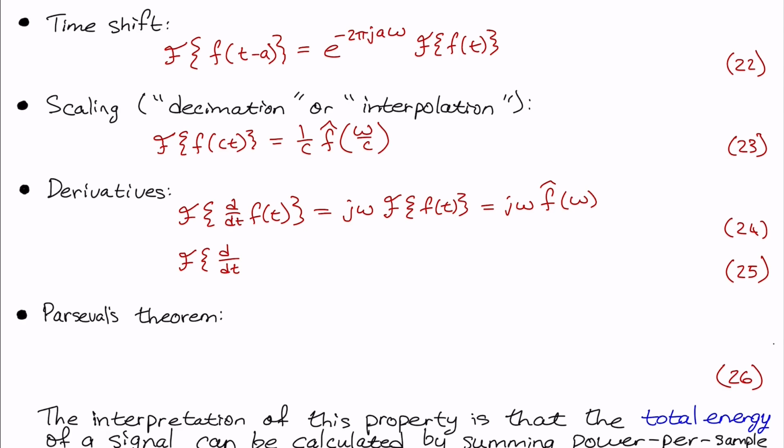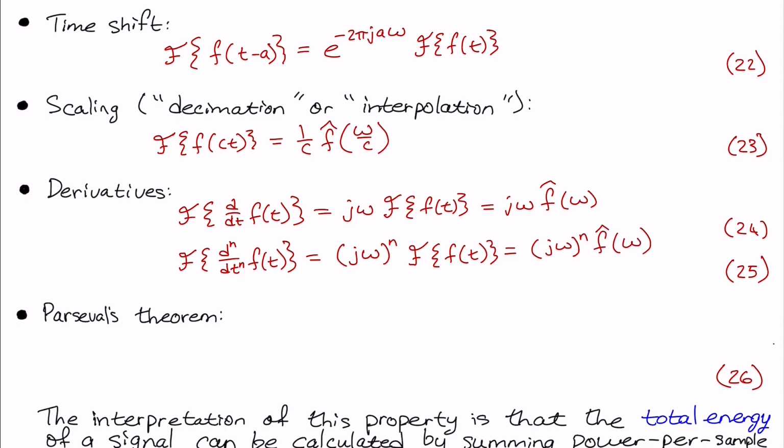So if we have the nth derivative of f of t, this is equal to the quantity j omega raised to the power n times the Fourier transform of f of t, such that it's equal to j omega raised to the nth power times f hat of omega.